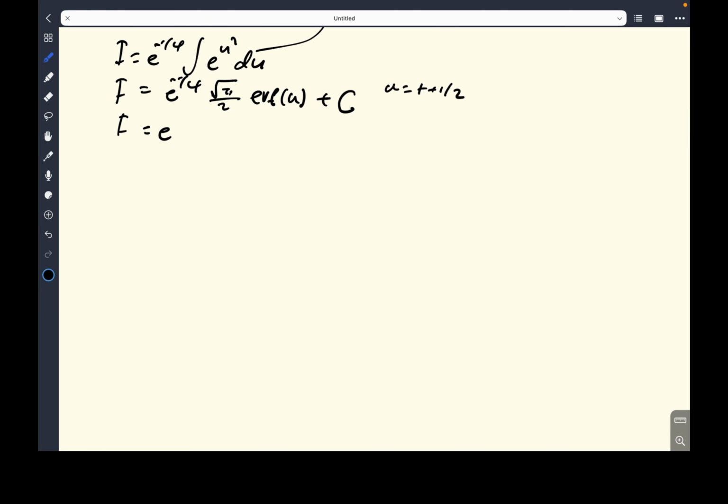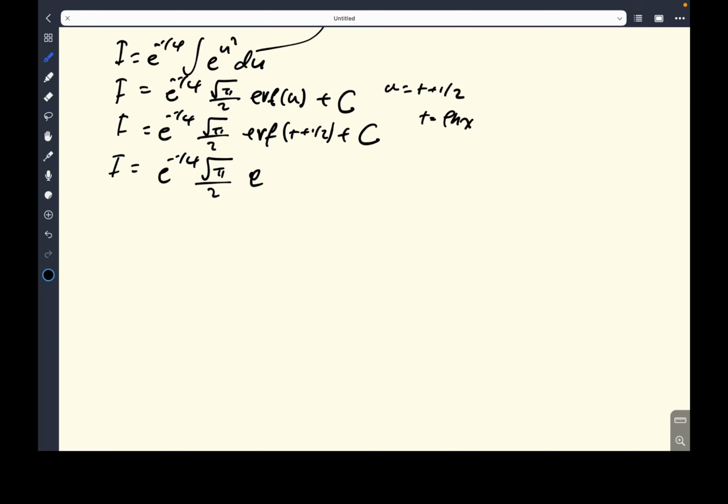Thus I is e to the negative 1/4 root pi over 2 erf of t plus half plus c. Now t equals ln x, thus I can write it as erf of ln x plus half plus c.